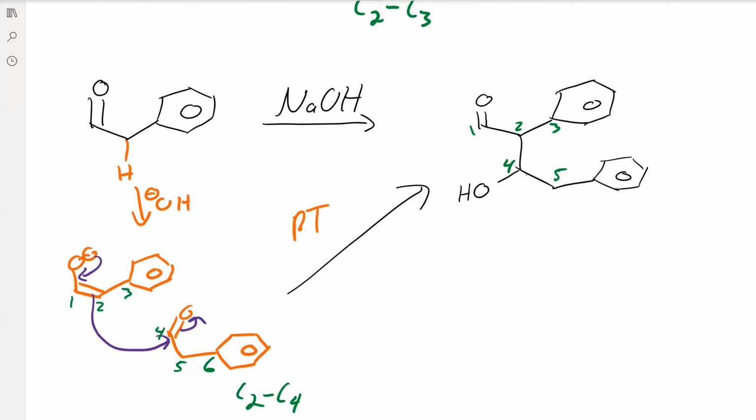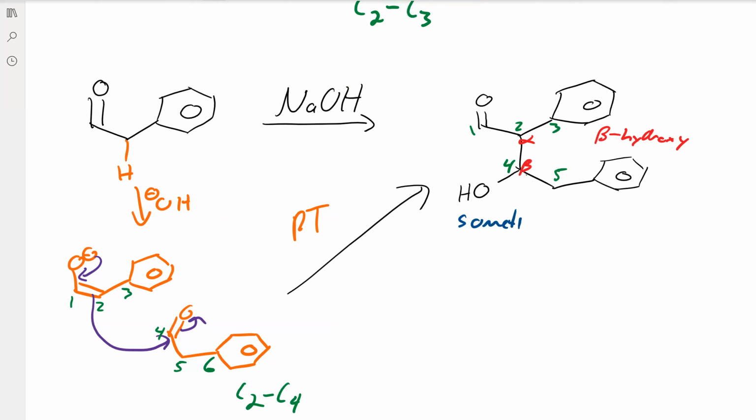Again, this is a beta hydroxy aldehyde. That's another way that you can think about it. If you think about the alpha position, in the beta position, there should be an alcohol. In this case, if you did this reaction in real life, it actually wouldn't stop here. Another reaction would occur and you'd actually get a different product.